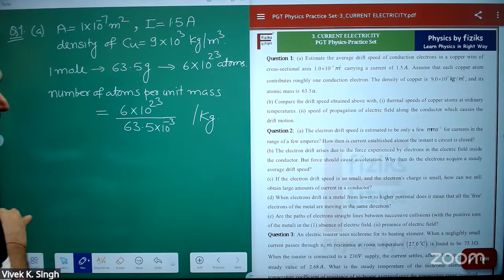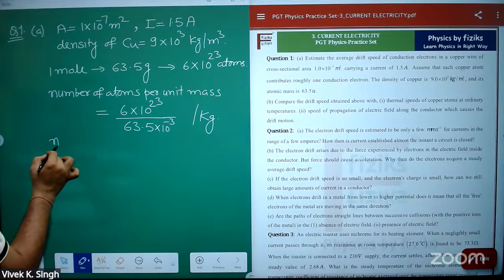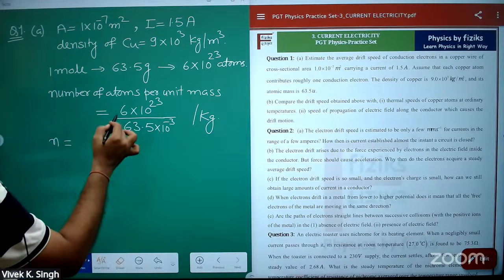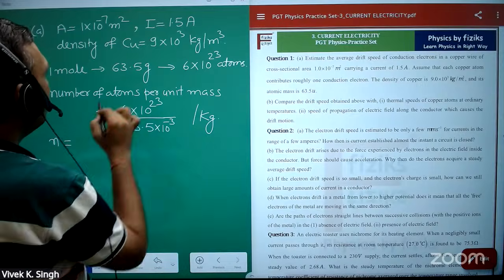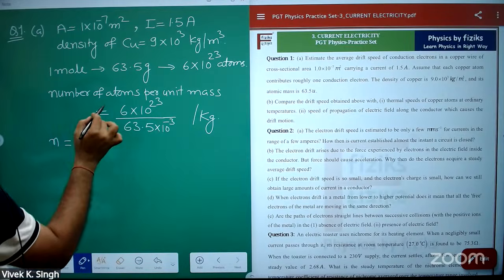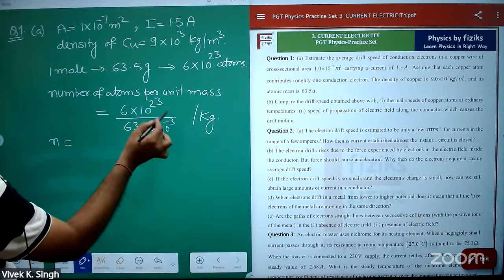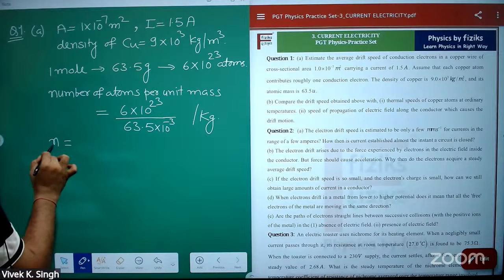So the number density n is given by multiplying this with the density. The number of atoms per unit mass multiplied by the density will give you the number density.